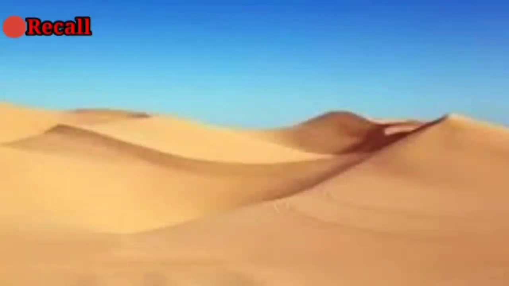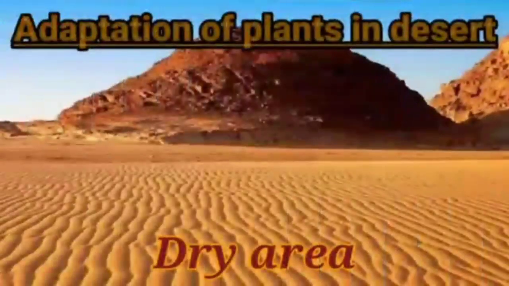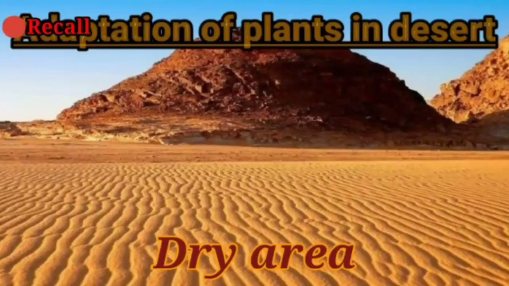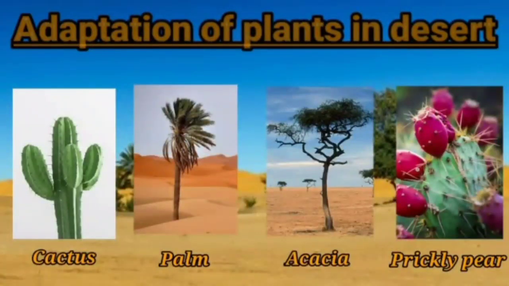Okay students, now let's recall once again. Desert plants have some special adaptations that help them to survive in the dry conditions of the desert. Plants such as cactus, palm, acacia and prickly pear are the most common plants found in the desert.